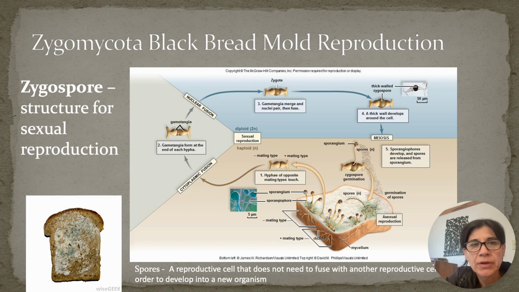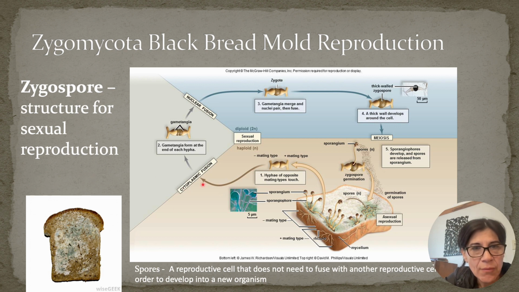They produce what we commonly call black bread mold. If you've had bread that's old, it looks like this picture. This stuff growing on it probably didn't get this bad, but that's a fungus.